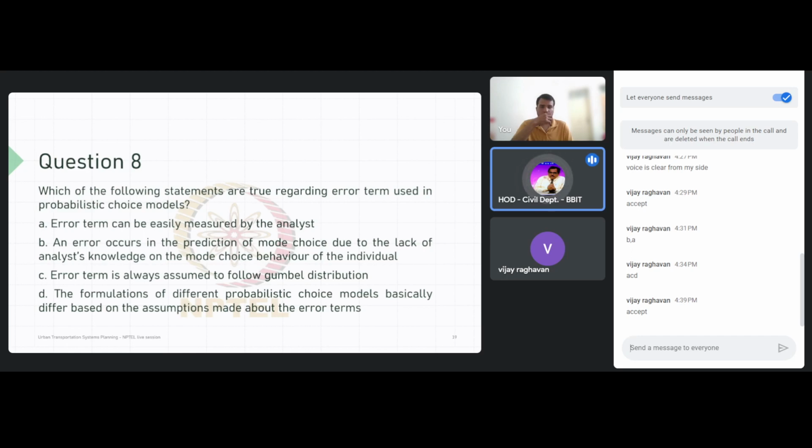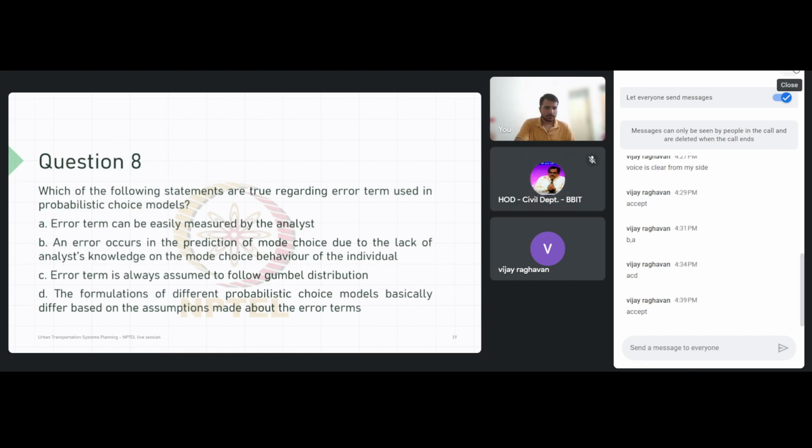So this B statement is correct, and error term may be the normal distribution, may be the Gumbel distribution. So C is the incorrect statement. And the last statement D, the formulation of different probabilistic choice models basically differ based on the assumptions. This statement is also correct. So B and D are the correct statements. True. B and D are true and A and C are false.